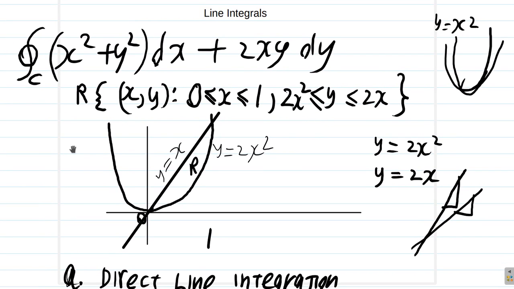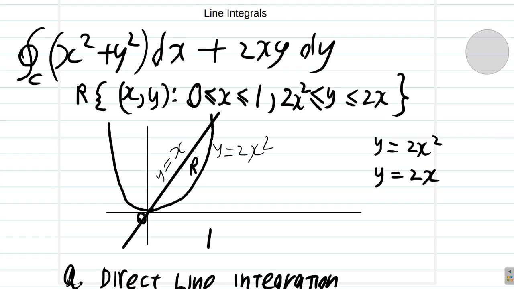Now, before that, let me just erase some of these things here. Alright, what I'm going to ask you to do is pause the video, write this down, and calculate where both curves intersect.